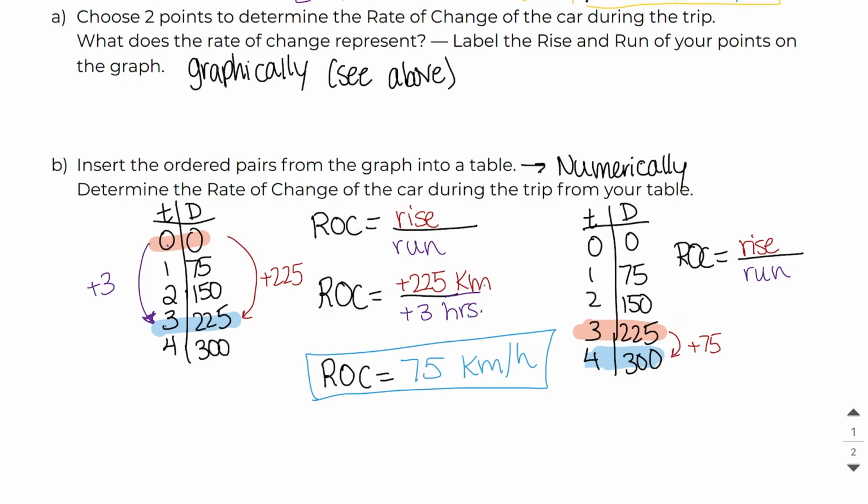And we know that the run right here, from 3 to 4, went up by 1. So here we can say that our rate of change is equal to the rise, which was positive 75, and the sign matters, over the run, which was 1. And when you divide 75 by 1, we get 75. And because this is kilometers and this right here is hours, we can say it's 75 kilometers per hour. So it doesn't matter what 2 points you choose, you'll still always get the same answer.